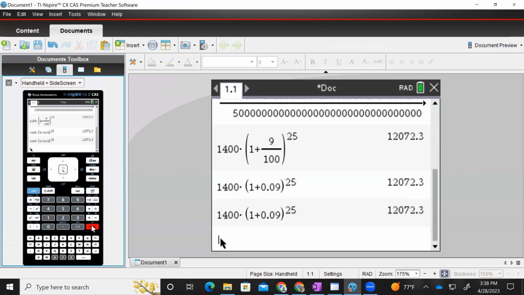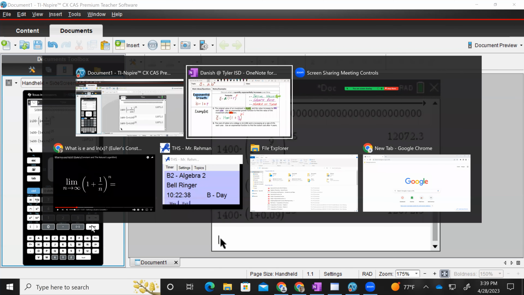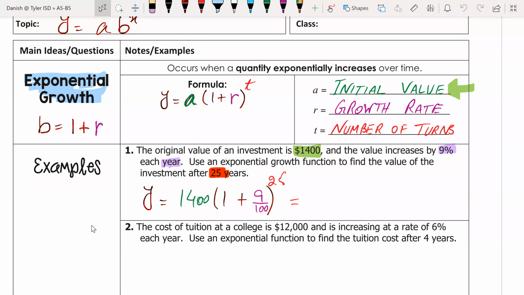And then hit enter, and that tells you the value is going to be 12,072 in 25 years. So we can bring that result back over there in our worksheet: 12,072 point something. That's going to be the value of the investment in 25 years.